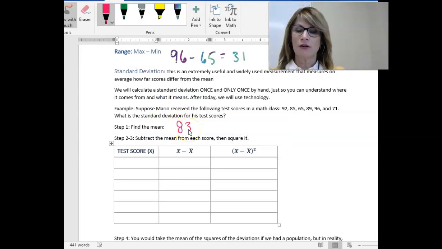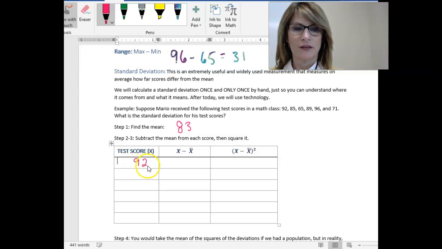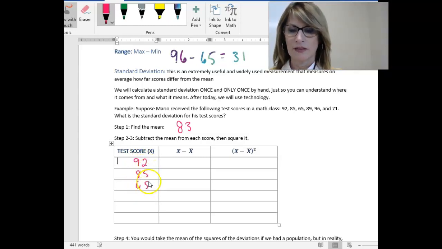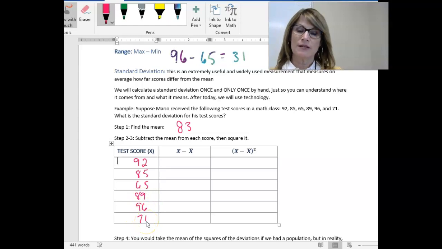Okay, list all of your test scores in this table. And then we're going to subtract the mean from each one of these.